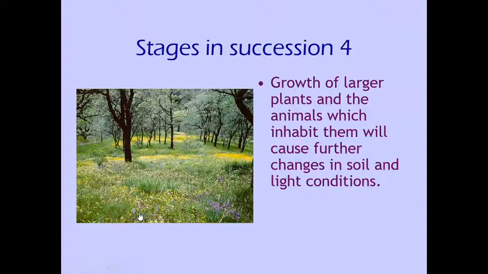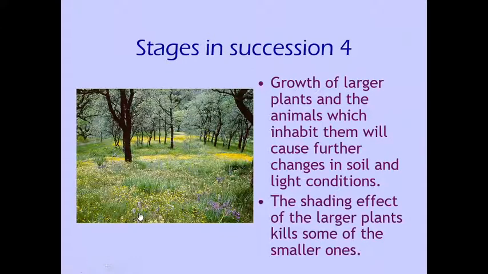In stage 4, after that, the more highly evolved plants like woody plants can grow and inhabit the place, and this shading effect can cause the smaller ones to die.